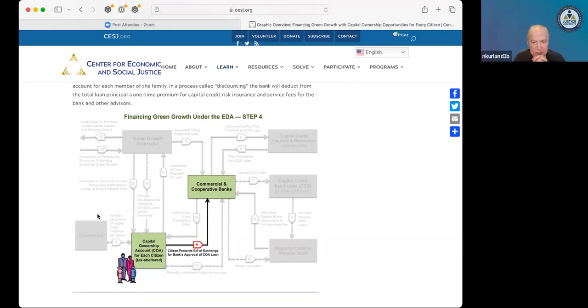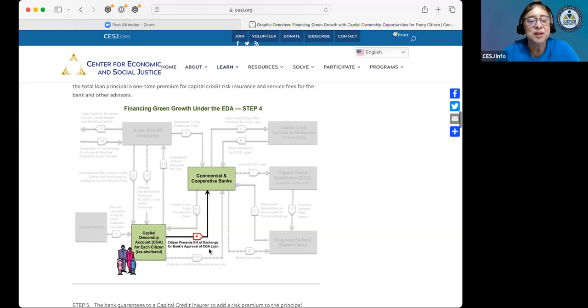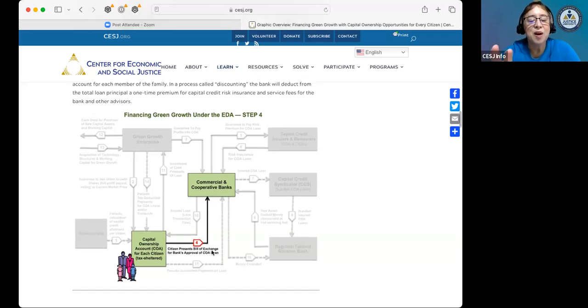Okay, sure. So here it's going to present this bill of exchange. It's a promise, and it's how it connects the capital ownership account to the lender, the commercial bank. So this is an important piece of paper, the bill of exchange. It states what the transaction is going to be with regard to these shares being sold by this company.